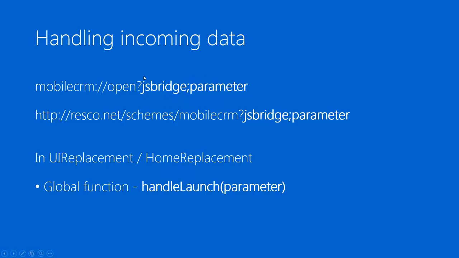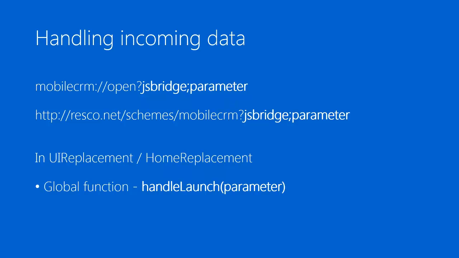After open, instead of providing the entity type, there will be the word JS bridge, and then any parameter that you would like to consume. So for example, in the quote example, it would be the quote data to display and save in Mobile CRM. Similarly for Android.